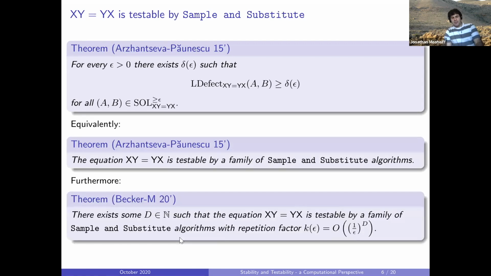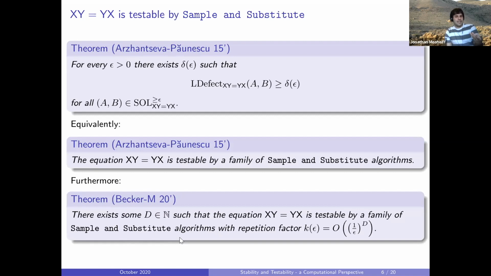Moreover, I can also mention another theorem of Oren Becker and myself, which says that not only is the local defect bounded from below by some delta, but this delta is actually not that small. It's some polynomial in 1 over epsilon.